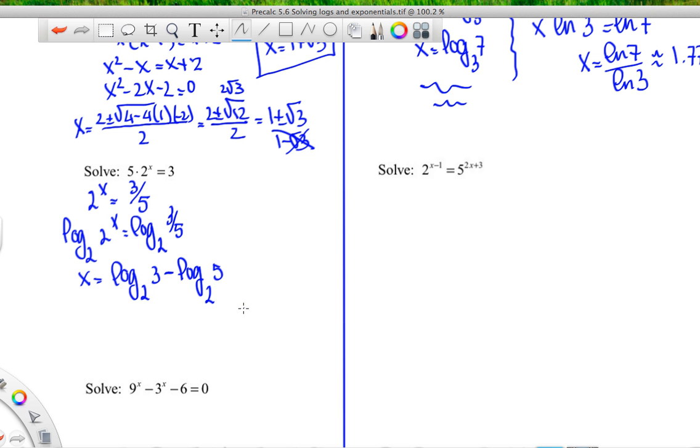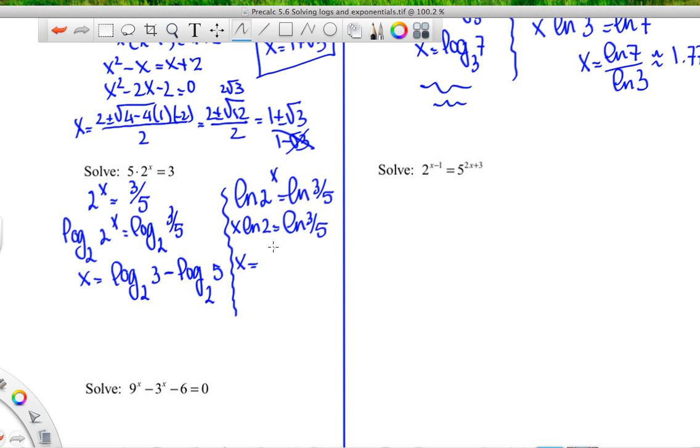If you wanted a calculator answer here, you'd still do the first step. You divide by 5 on both sides to isolate it, and then you would take the natural log on both sides. That means you would get x ln 2 here, and then you divide by ln 2.